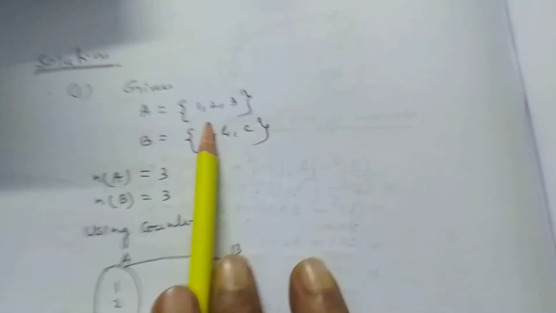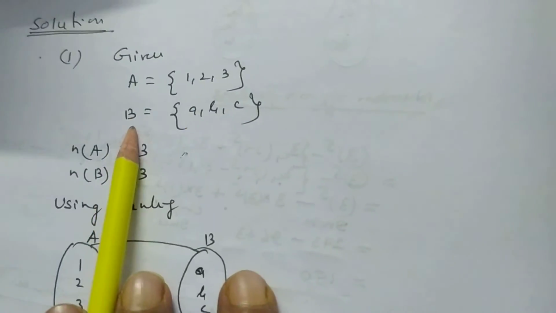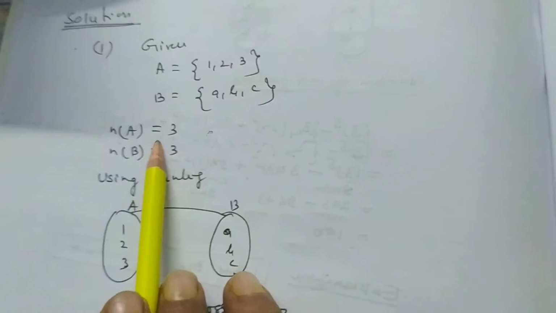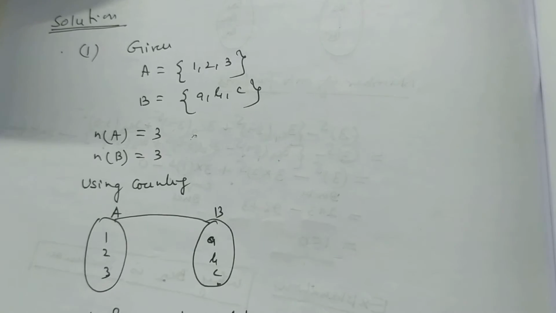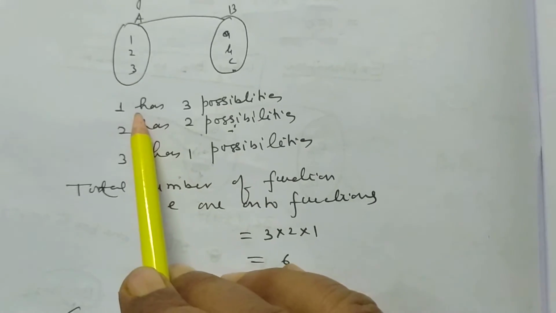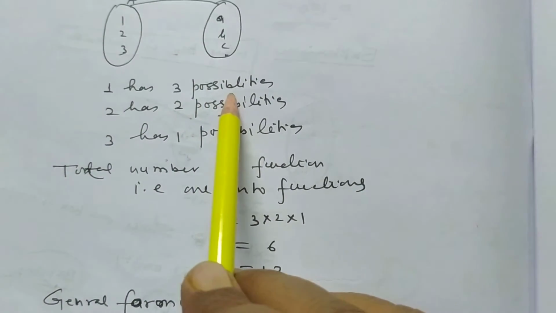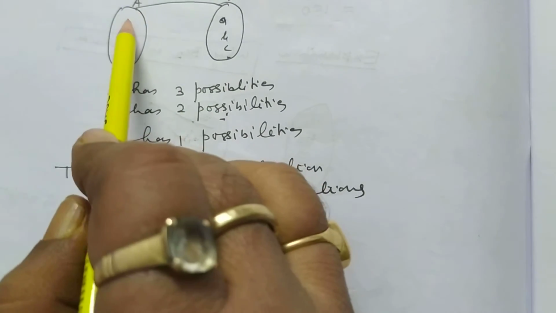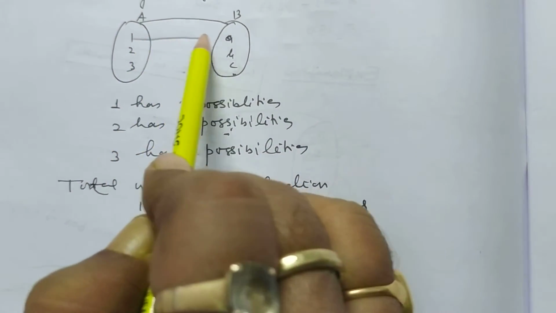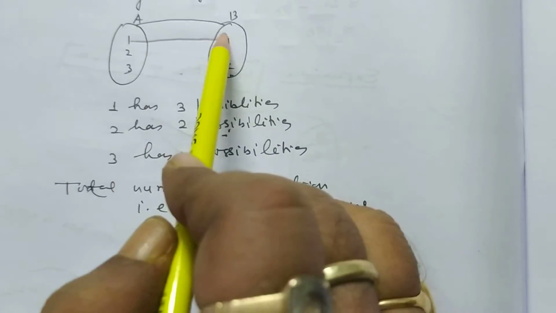Given A is equal to {1, 2, 3} and B is equal to {a, b, c}, the cardinal number of A is equal to the cardinal number of B. Using counting, we have 1 has 3 possibilities, 2 has 2 possibilities. Suppose 1 is associated with a.